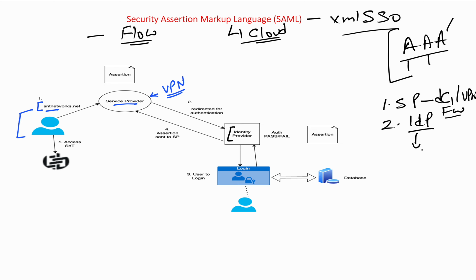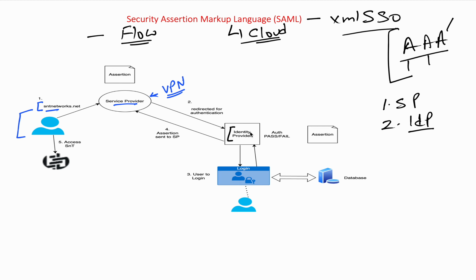IDP is the actual device which will help you get the identity. This is your identity provider. So the identity provider will be your simple SAML server. Correct? So two things are clear. Now let's erase this because we have to explain a lot of things simultaneously. SP and IDP is done.